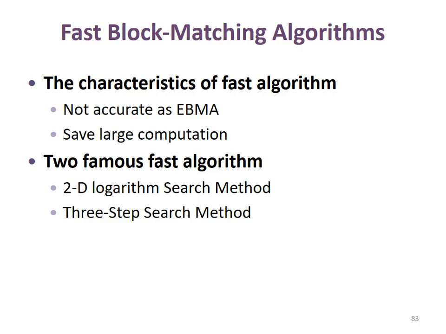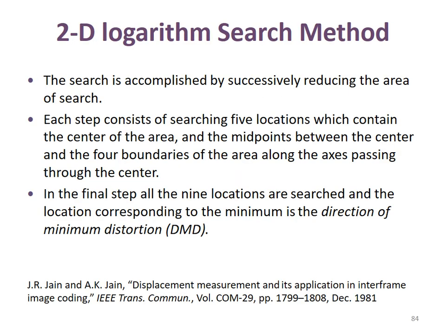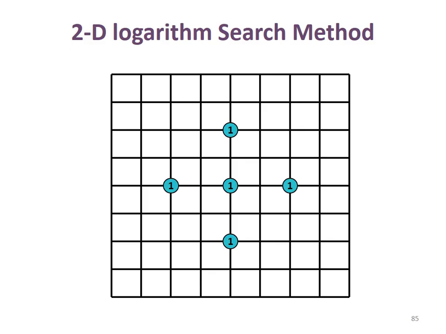The first thing you need to notice is that they are not as accurate as exhaustive search, but they can save a lot of computational time. Okay, let's see two famous fast algorithms, the 2D logarithm search method and the three-step search. Maybe we can see the example directly.